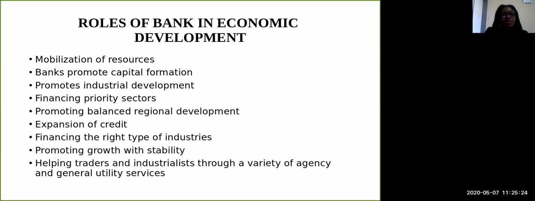Then financing priority sectors, promoting balanced regional development, expansion of credit, financing the right type of industry, promoting growth with stability, helping traders and industrialists through a variety of agency and general utility services. So we'll now look at these roles that the banks hold in the economy in detail.